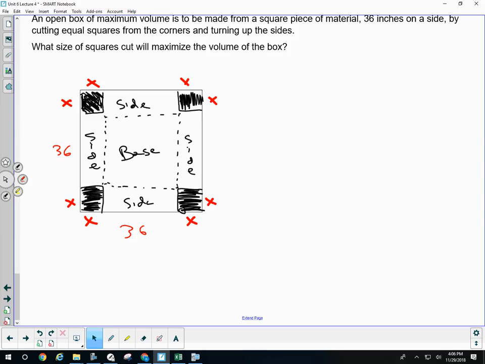I want to maximize the volume. Volume, length times width times height. This would be like the length. This would be the width. And this would be the height. You kind of see how that works because you're flipping things up? What would be an expression for the length?